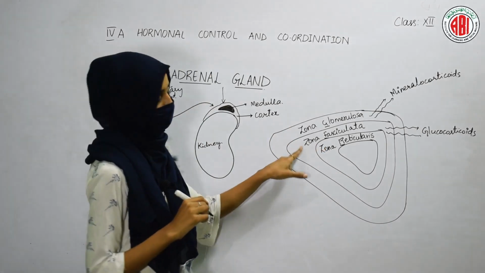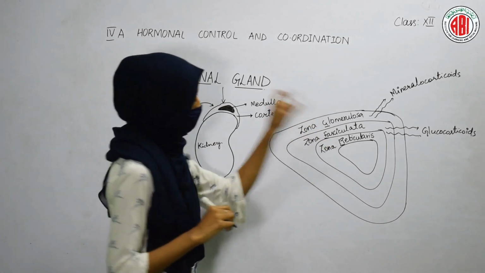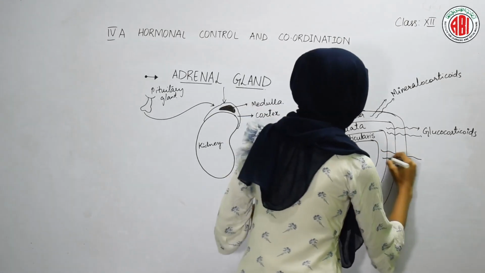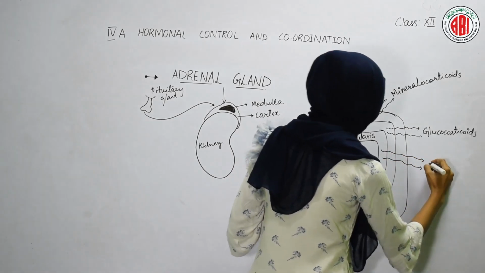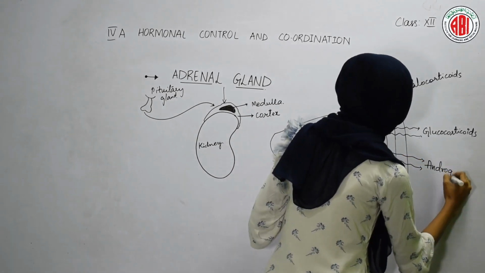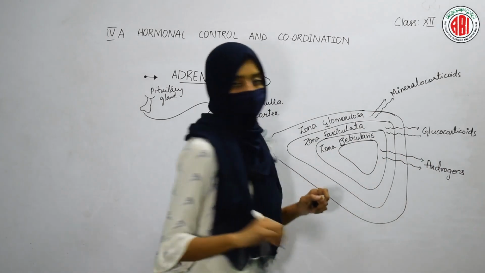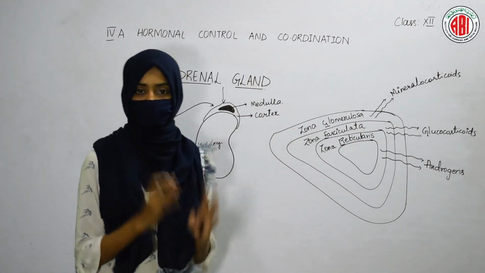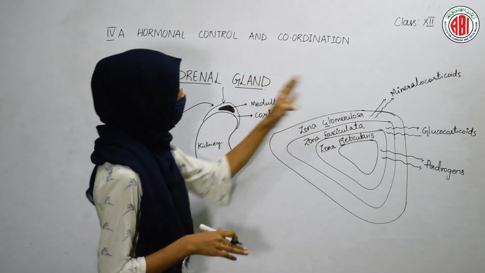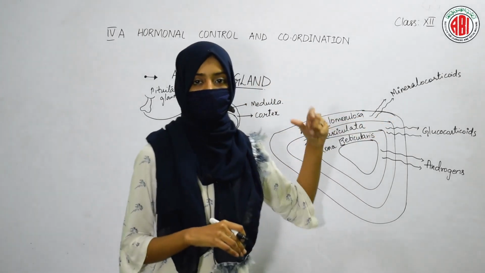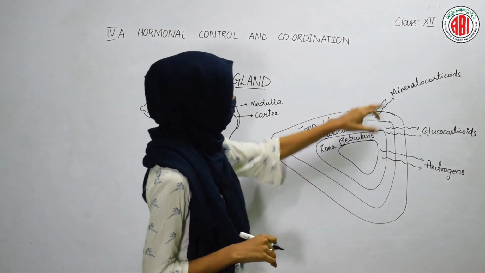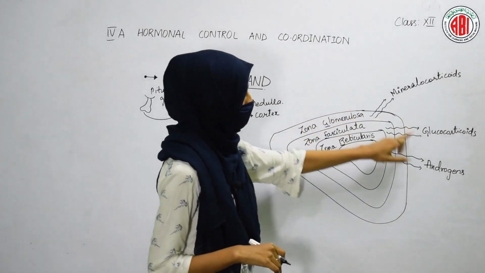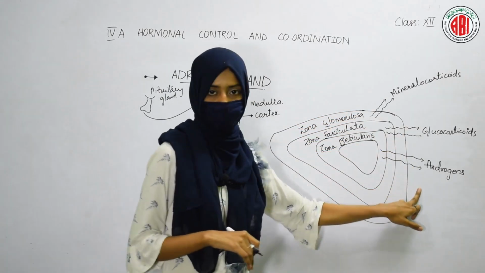And the third one is Zona Reticularis. This zone secretes the hormones which are termed androgens. So, all these three zones are responsible for secreting different groups of hormones, and that includes mineralocorticoids, glucocorticoids, androgens.